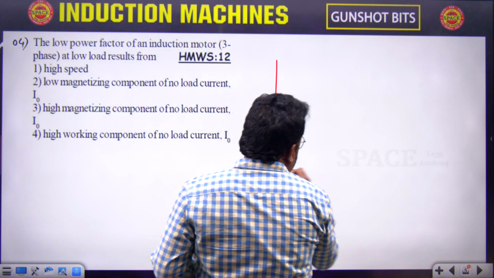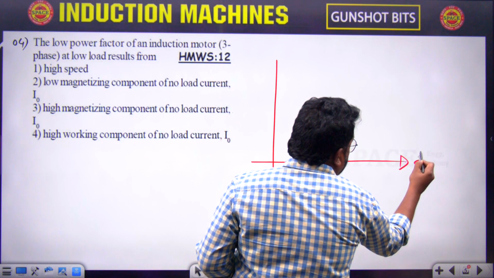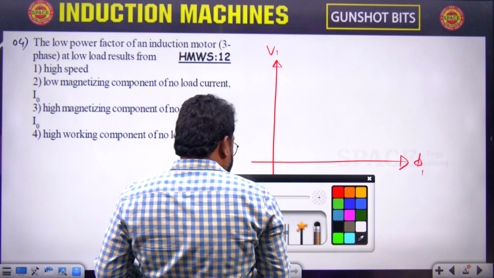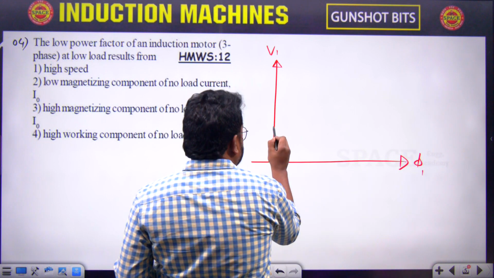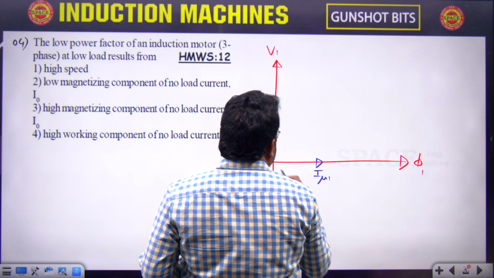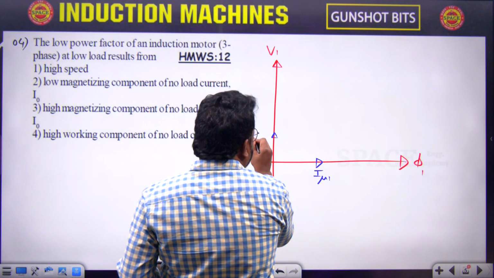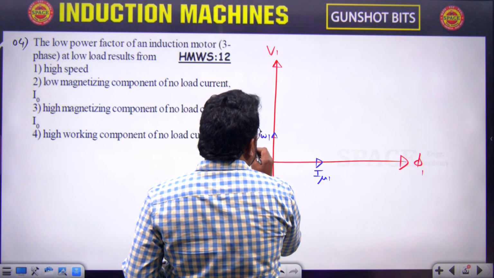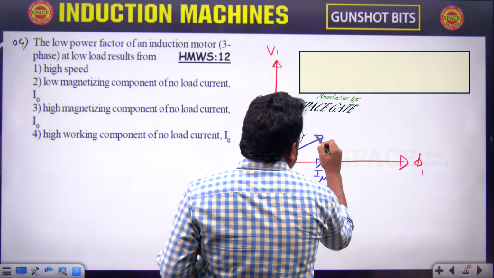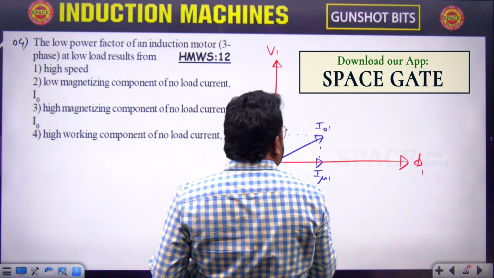Suppose this is the field flux phi 1 and this one is the applied voltage V1. Initially let us assume this is the magnetizing component of the current I mu 1 and this one is the iron loss component of the current IW1. The vector sum of these two gives the no load current of the motor I01.